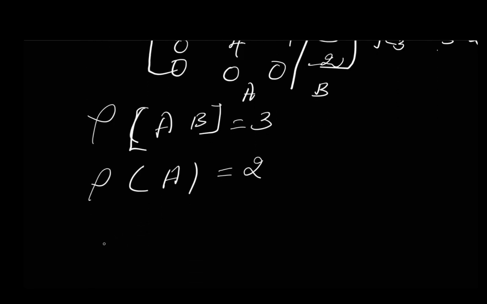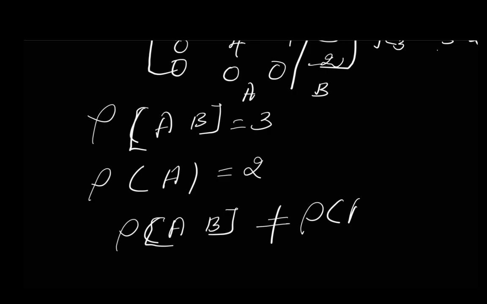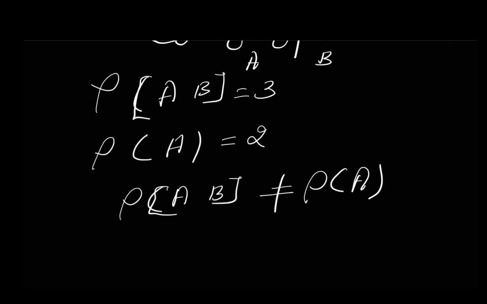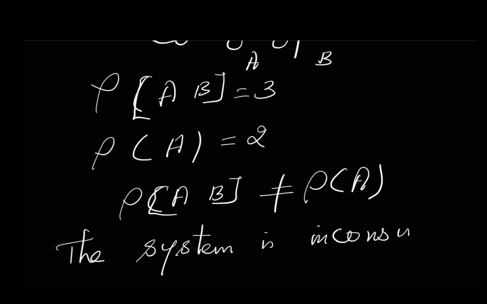So rank of [A|B] is not equal to rank of A. So in that case, we say the system is inconsistent. The system is inconsistent.